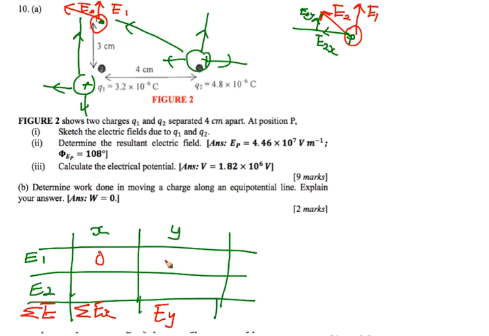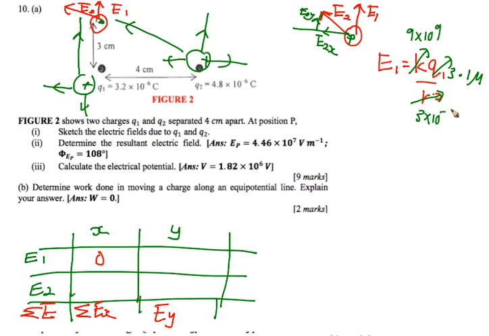To calculate E1 you must use the equation E equals K Q1 over R squared. K is a constant, 9 times 10 exponent 9, and the Q1 charge is 3.1 microcoulomb, and the distance R from Q1 to the point P is 3 cm, converted to meters as 3 times 10 exponent minus 2.